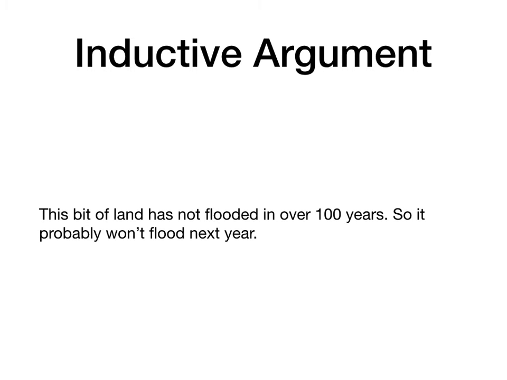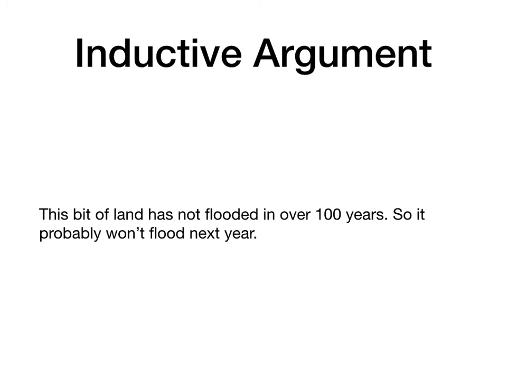But here's the thing, right? Even if a piece of land hasn't flooded in the last 100 years, there's always the chance that next year is the year we get the rainstorm that's bigger than we've had in 100 years, right? Even if it hadn't flooded in 500 years, you can get the rainstorm or whatever that's bigger than you've had in 500 years.